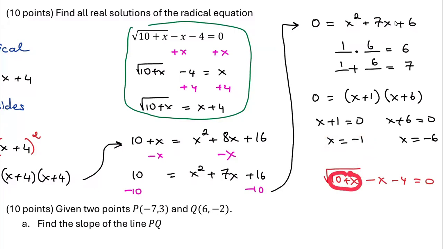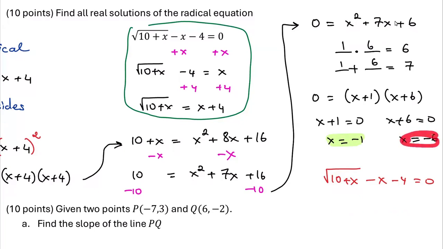Square root of 9 is 3. So I have 3 here, right? Minus -1, minus 4. Is that a 0? I'm sorry, this is a plus 1 because I have a -1 in here, right? So 3 plus 1 is 4, 4 minus 4 is 0.